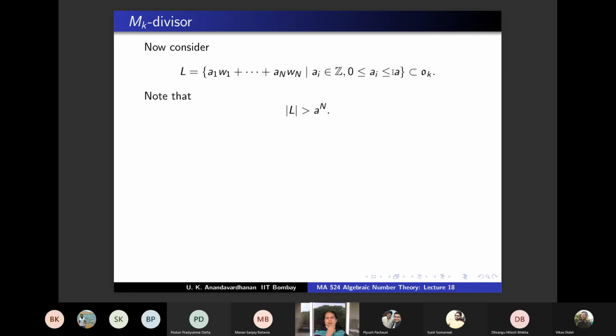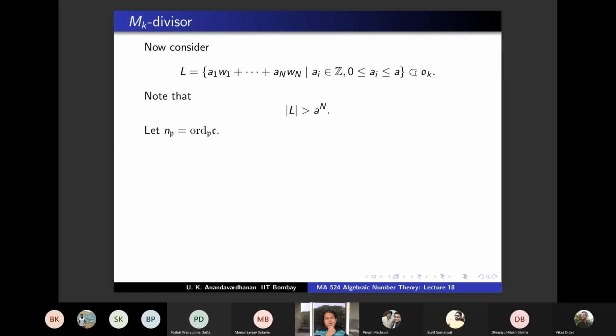And what can you say about the cardinality? The cardinality of this is actually A plus 1 whole power n, right? Because A1 varies, A1 has A plus 1 many choices, A2 has A plus 1 many choices, etc. So this collection has A plus 1 power n many elements. What we are interested in is that this collection has cardinality bigger than A power n.